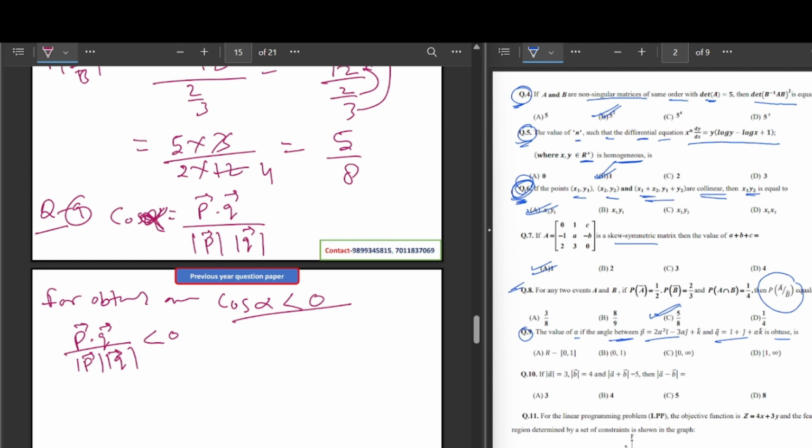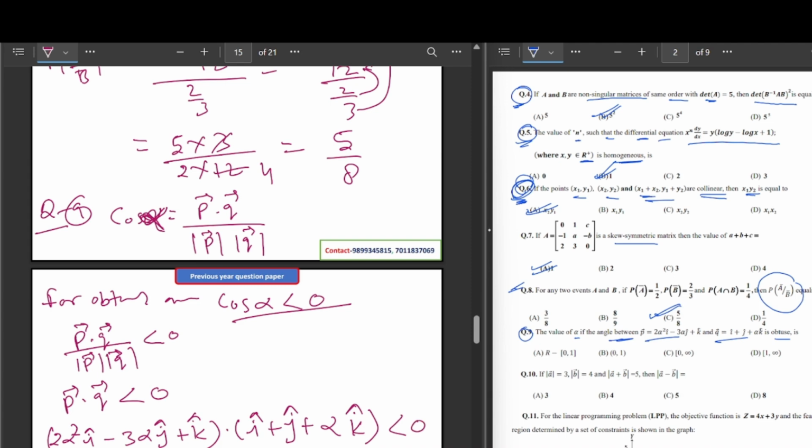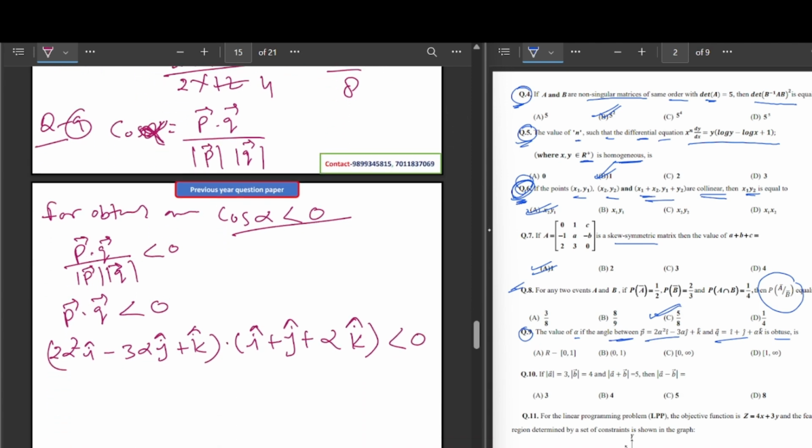So we have to find first of all the dot product less than 0. So p is given: 2 alpha square i unit vector minus 3 alpha j unit vector plus k unit vector, dot i unit vector plus j unit vector plus alpha k unit vector, less than 0. So we have to solve this one.